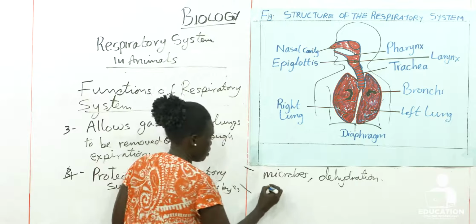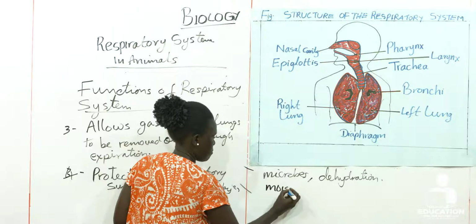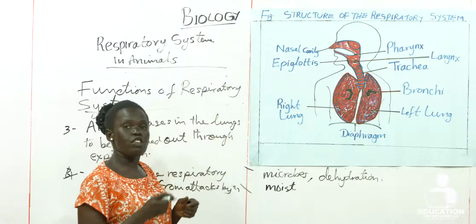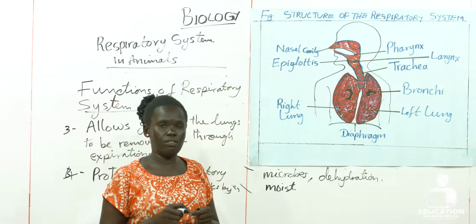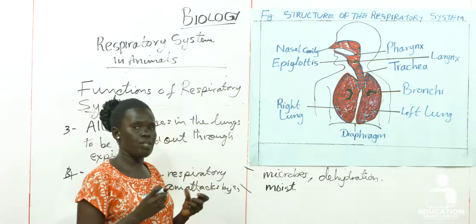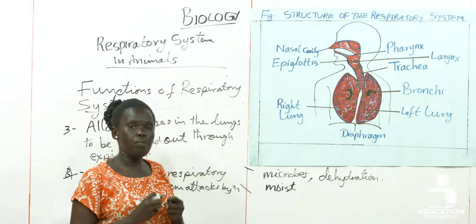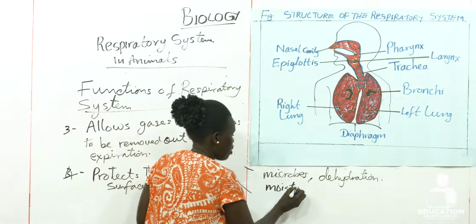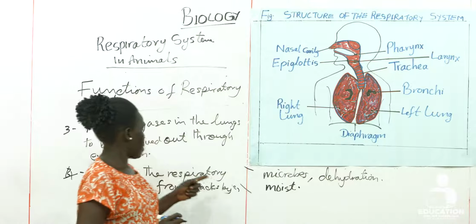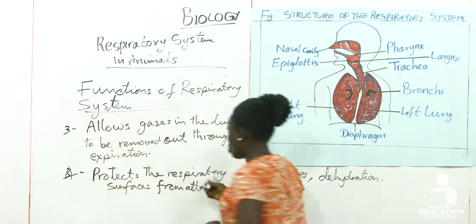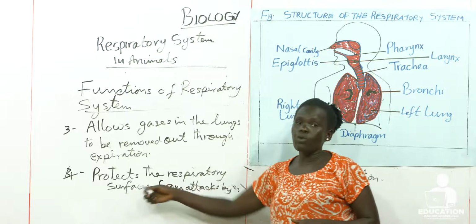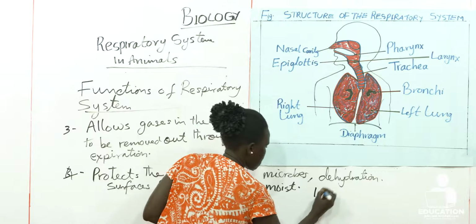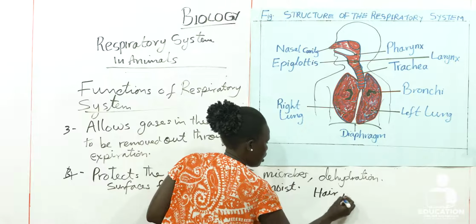It's always moist to facilitate the diffusion of the gases, so that the gas can be absorbed by the body cell. So that's why you'll find the respiratory surfaces are well equipped with some structures like hair and mucus.